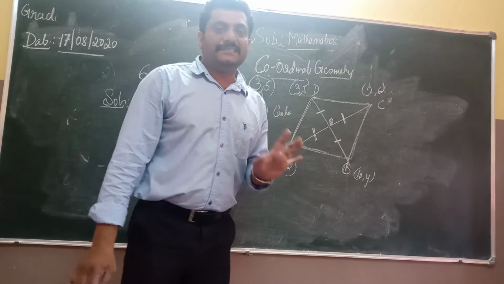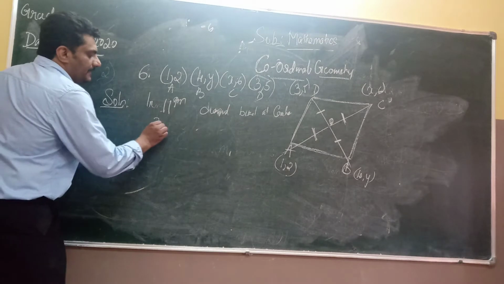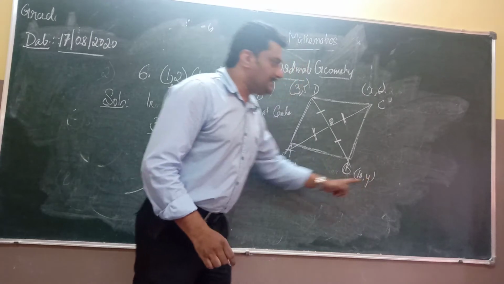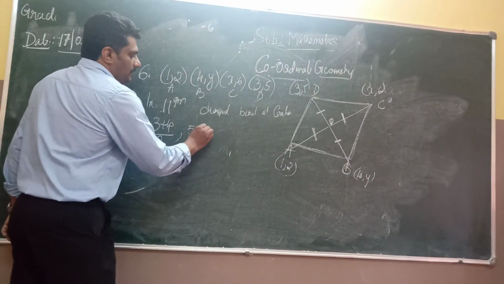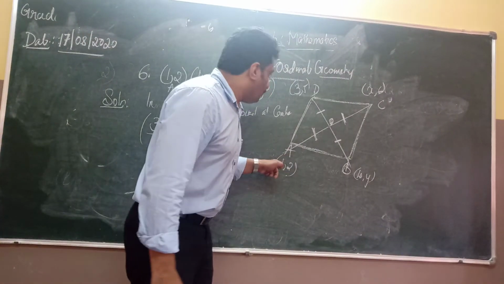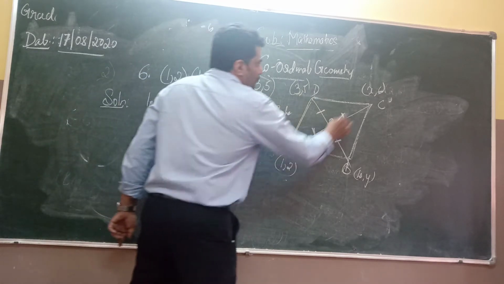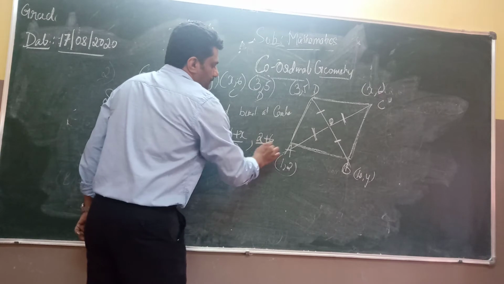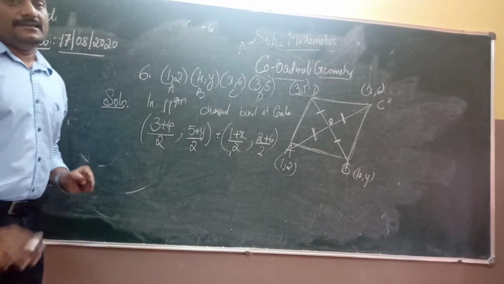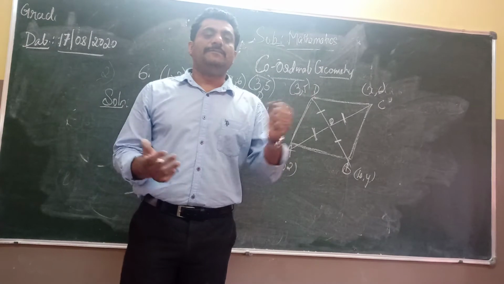Whenever they are asking you to write the midpoint, it is nothing but (x1 plus x2) by 2, which is (3 plus 4) by 2, comma (5 plus y) by 2, will always be equal to (1 plus x) by 2, comma (2 plus 6) by 2. The diagonals bisect. That's the reason we are writing bisect, in the sense making two equal parts. Whenever it is an equal part, it will become the midpoint.